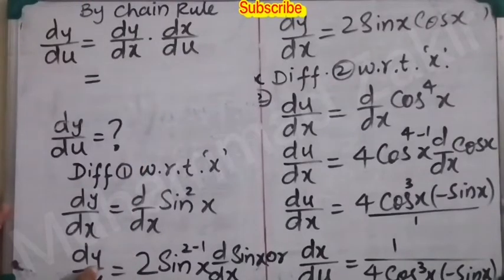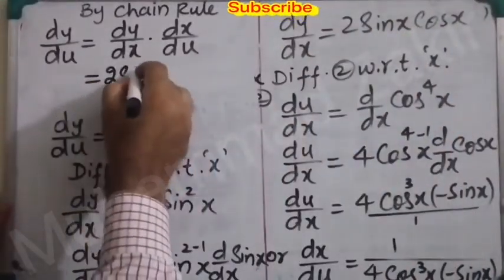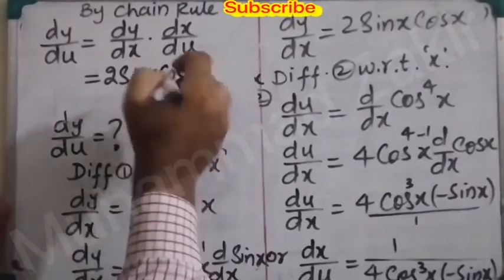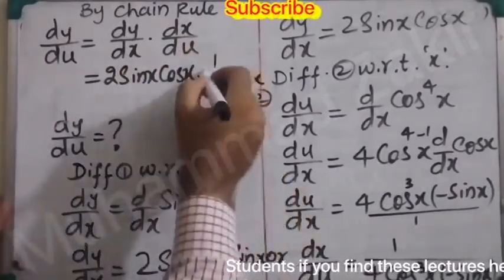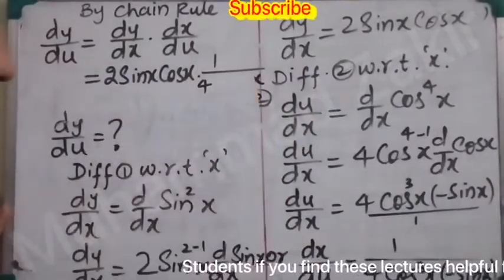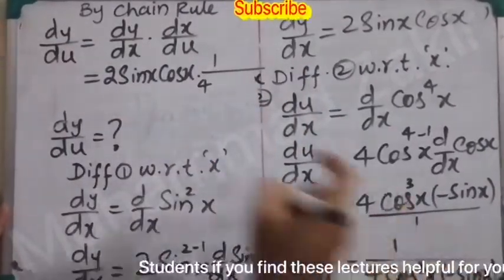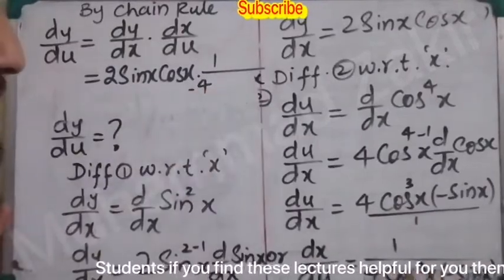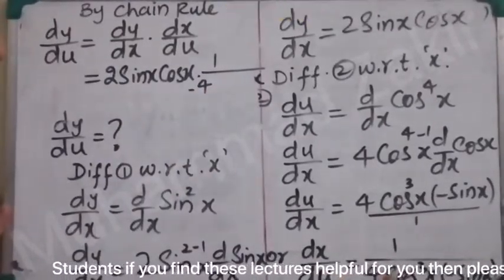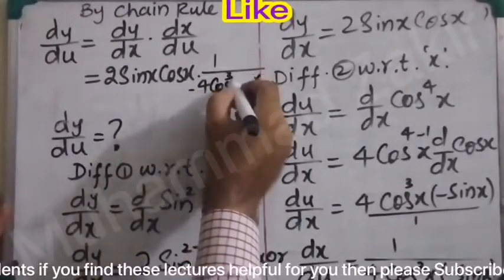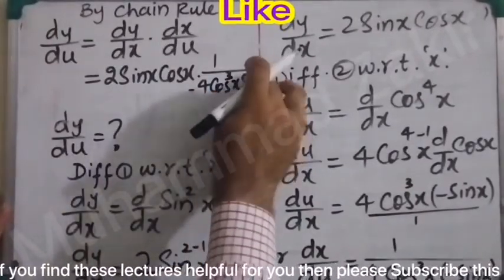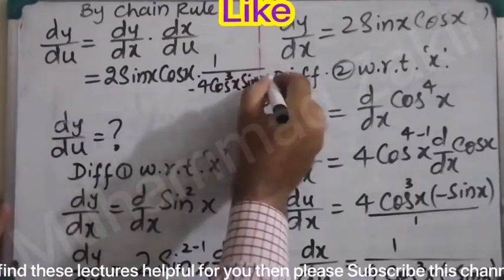Dy by dx is 2 sin x cos x. And dx by du is 1 by 4 cos cube x minus sin x, or we can write the minus in the beginning, 4 cos cube x sin x.